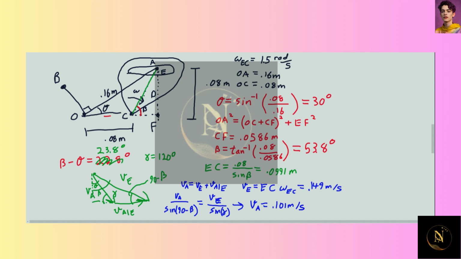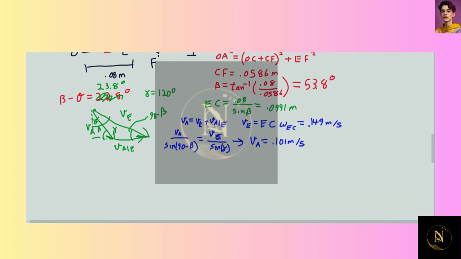We can then figure out what the angular velocity of this section AOB is by looking at VA. We know that omega AOB should equal the velocity of A divided by the length OA.